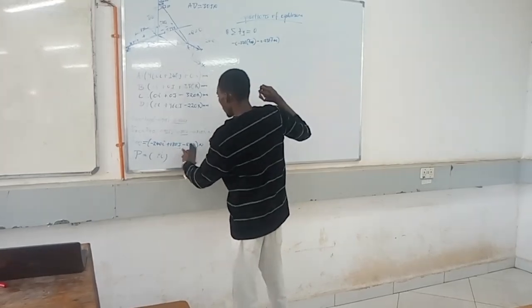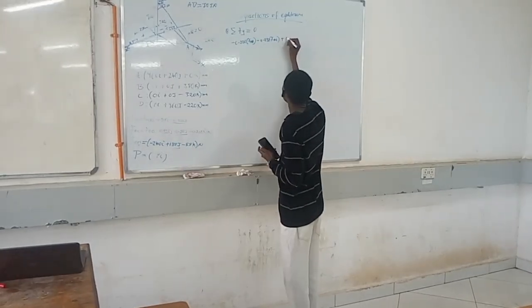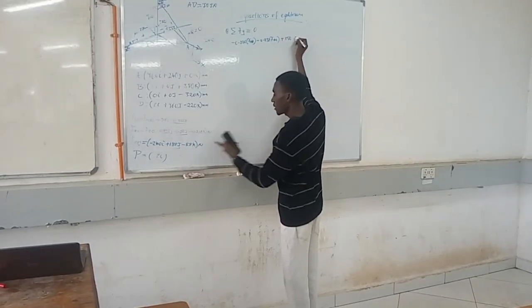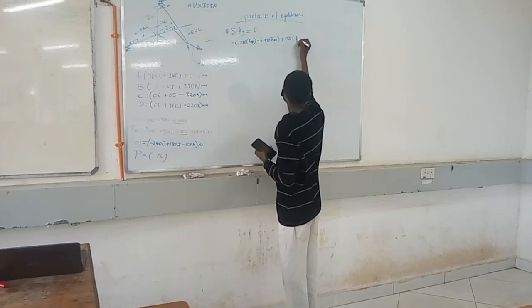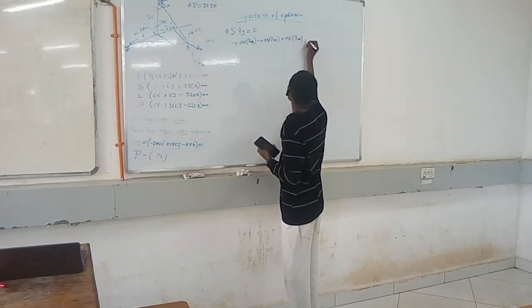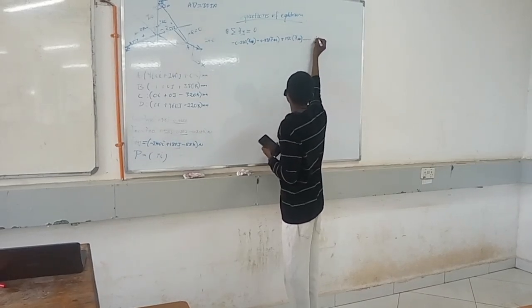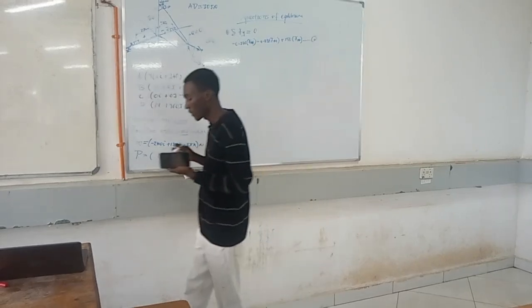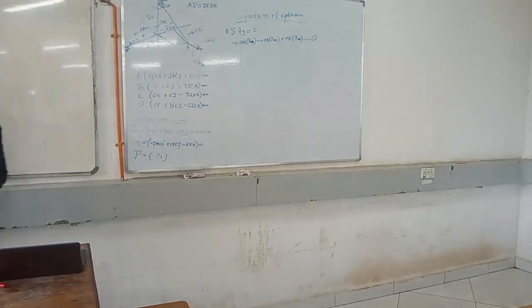The last one we have a positive 180 for AD. So this one is going to be our first equation. Anyone who's behind so far?